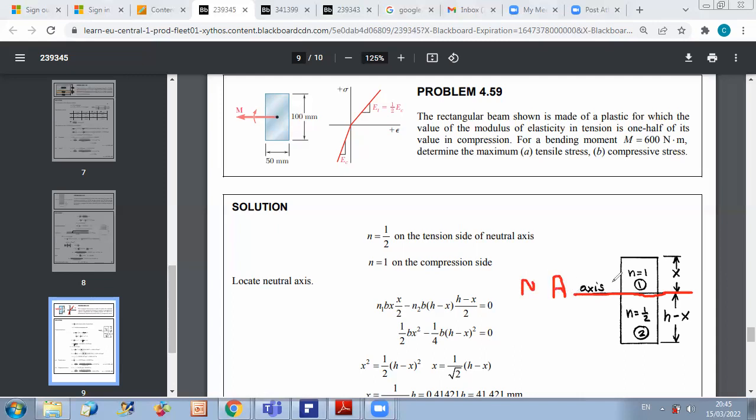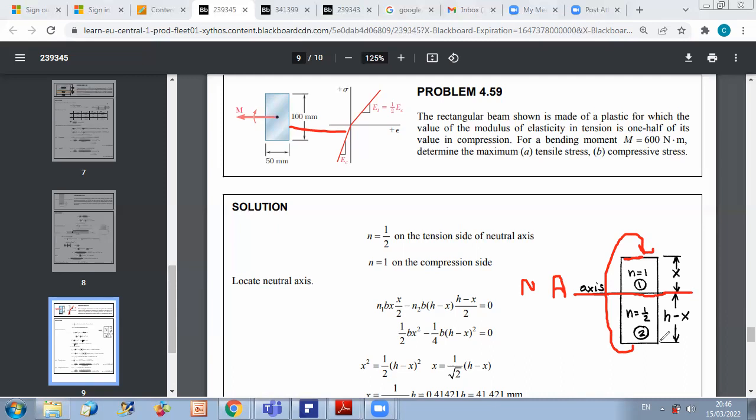Let us call the distance from the top of our beam to the neutral axis x, and then the height of the remaining part is the total height, which is 100 minus x. And then we can say, whenever we do this division, that since we have a positive bending moment here, the upper part is subjected to compression, the lower part to tension.